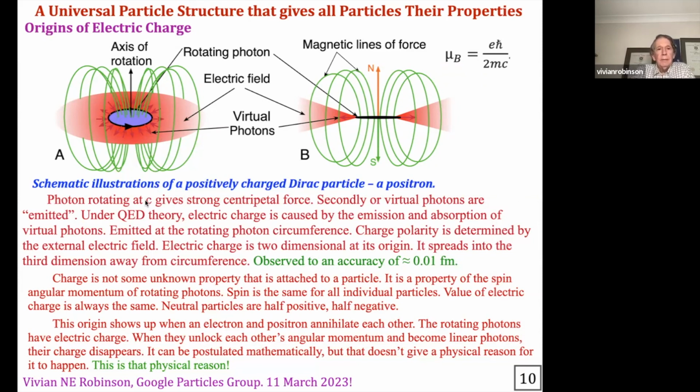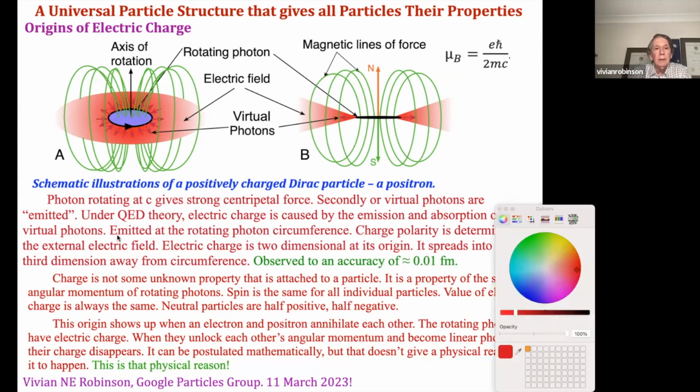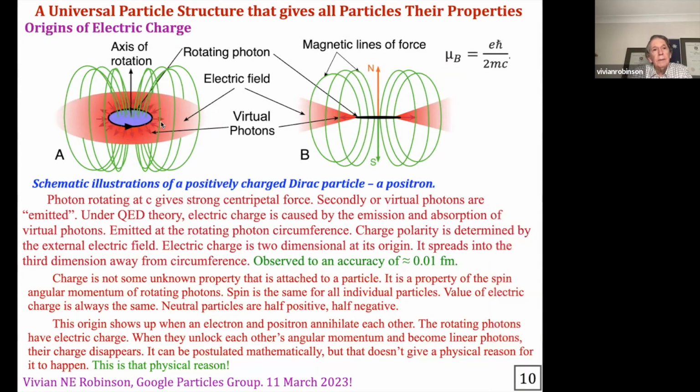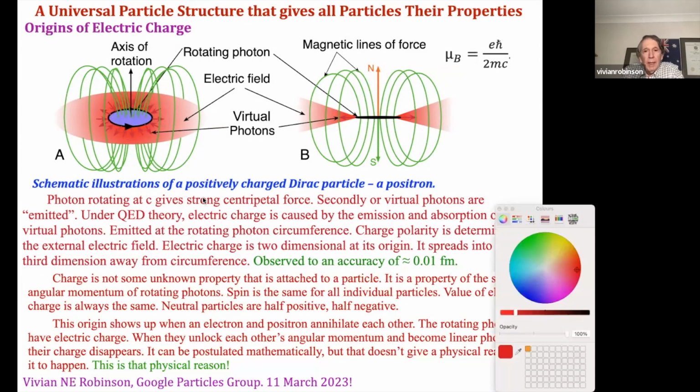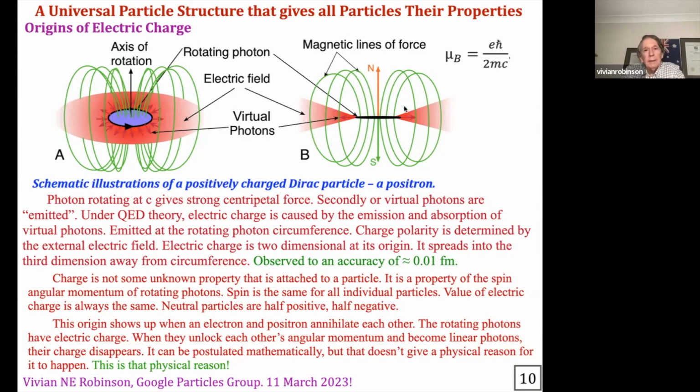Now, under QED theory, electric charge is caused by the emission and absorption of virtual photons. In this case, they'll be emitted at the circumference of the rotating photon and in its plane. And the photons will spread out away from that plane as the photons, virtual, real, move away.